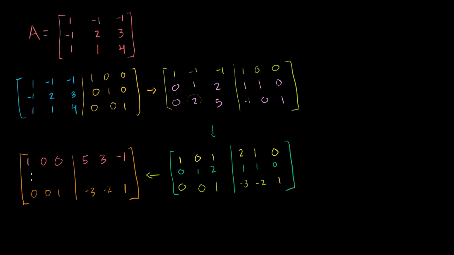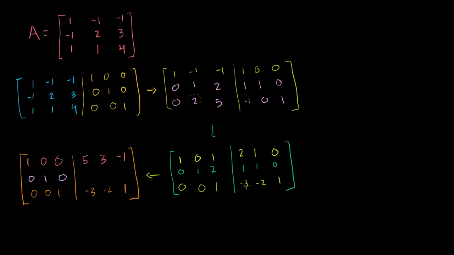So 0 minus 2 times 0 is 0. 1 minus 2 times 0 is 1. It's not 0. 2 minus 2 times 1 is 0.